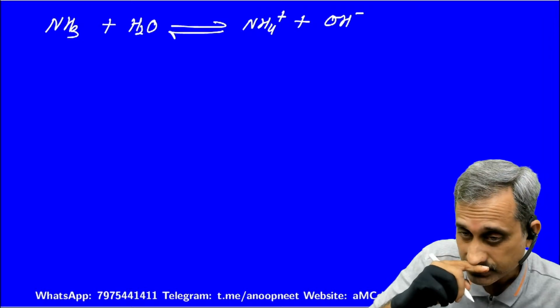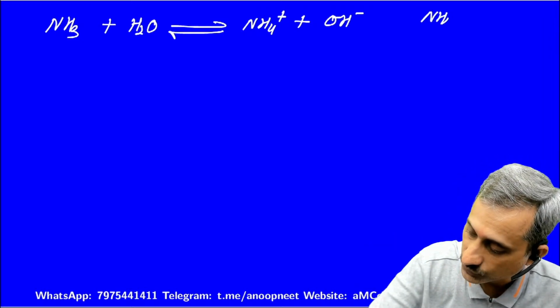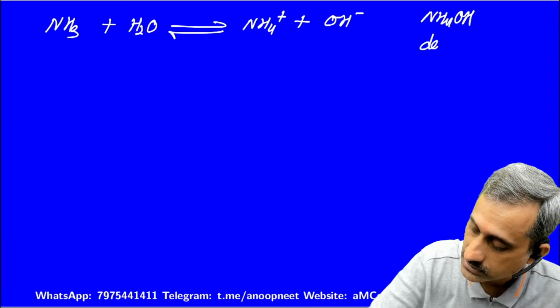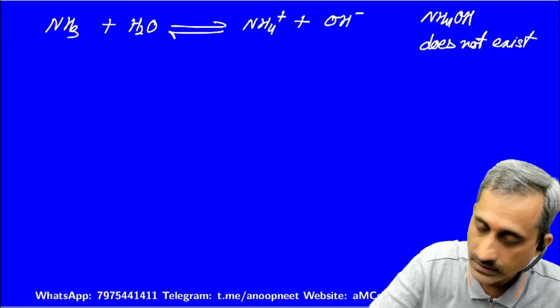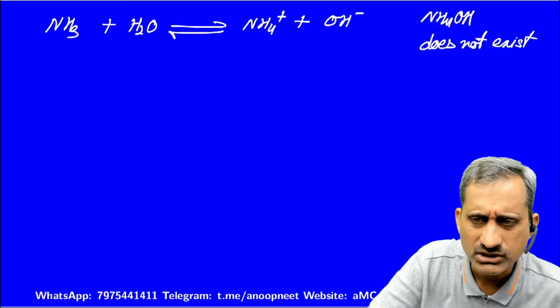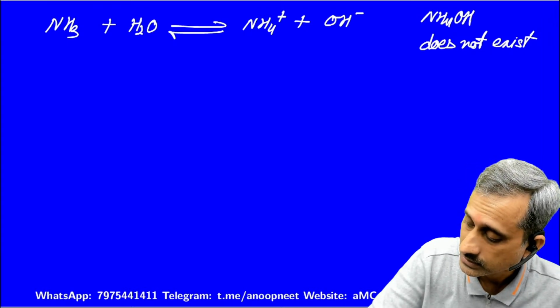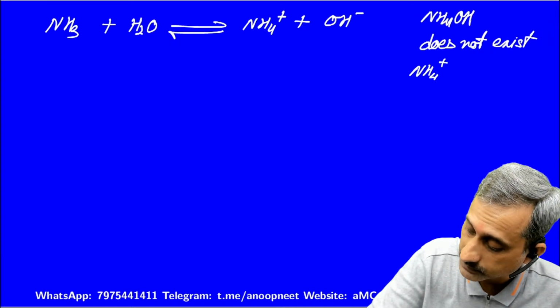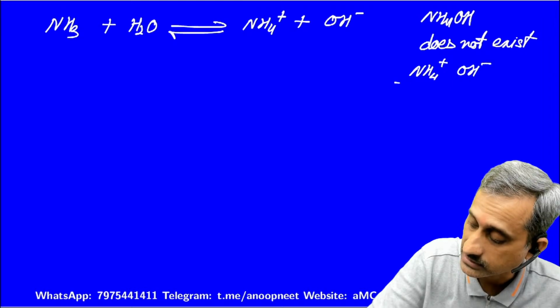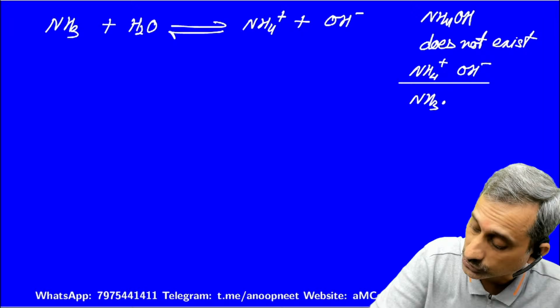अब एक बड़ी मजेदार सी बात बताऊं. NH4OH does not exist. NH4OH जैसी कोई चीज होती ही नहीं है. क्लियर? बना के देख लो इसका स्ट्रक्चर, अगर बना सकते हो तो. It actually is NH4 plus OH minus, या फिर it is NH3 dot H2O.